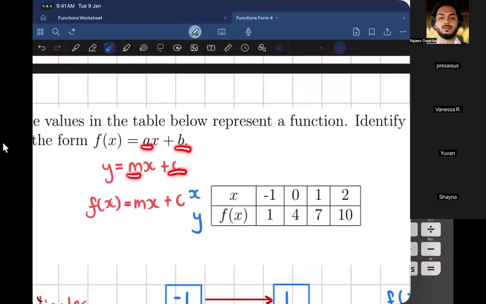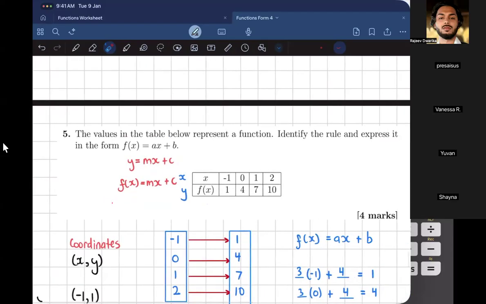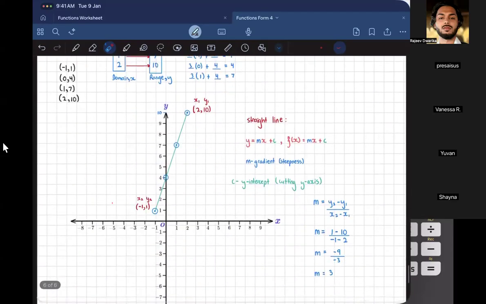Yeah, looking a bit different, but keep in mind a and b could be any number. M and c could be any number. It's really not that different. So when I look at that, I know it had to be a straight line when I plot it.